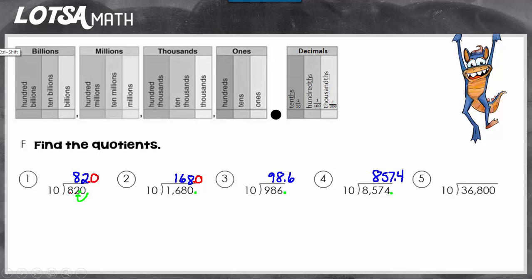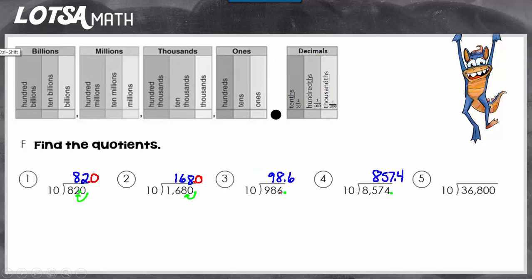If we do that, we end up with the same thing, 82.0, which is what we had up here. Again, on number 2, that invisible decimal is right here. Moving your decimal one place to the left is the same thing as moving all your digits one place to the right. It's just a little bit easier of a way. So now you see that we have 168.0, which is the same thing we got as the answer. And let's look at number 3.